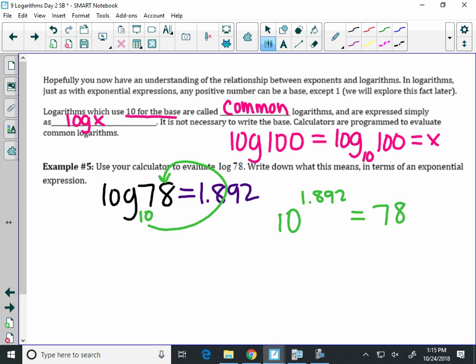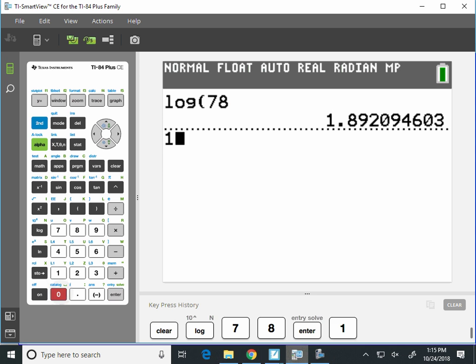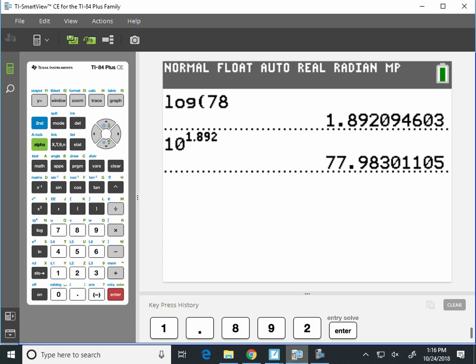That is what the logarithm is doing. When you push that into your calculator, you're finding the exponent for 10. So let's double check. Type into your calculator now 10 to the 1.892. Do you get exactly 78? No, but why do you not get exactly 78? Because we round it, but that's close enough, right? Does that make sense to you, what we're finding with the logarithm here?